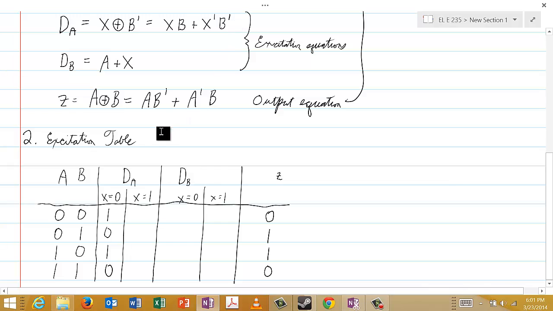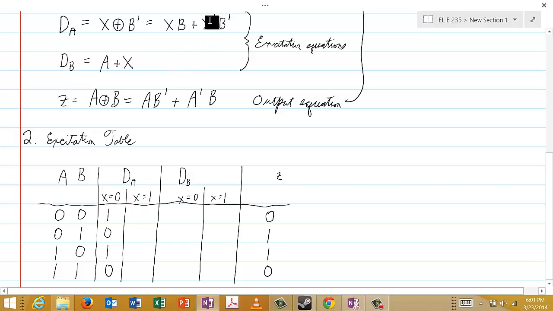So in this first column, we will simply have the values of B prime. Here are the values for B, and we just complement that in each case. 0 complemented is 1, 1 complemented is 0, 0 complemented is 1, 1 complemented is 0. And that's how we do that one. Okay, now let's look at the second case, when X is equal to 1.